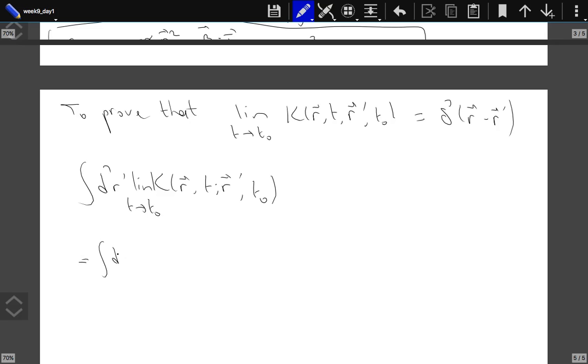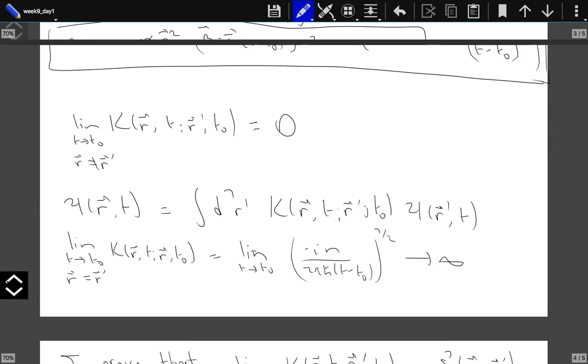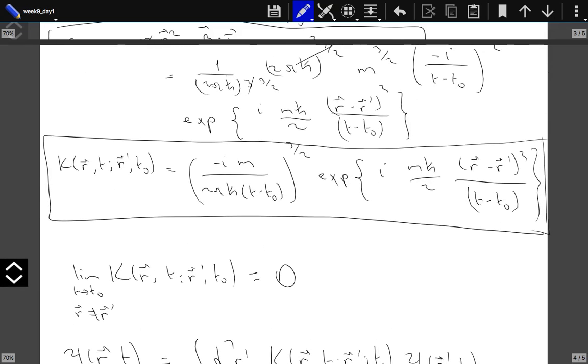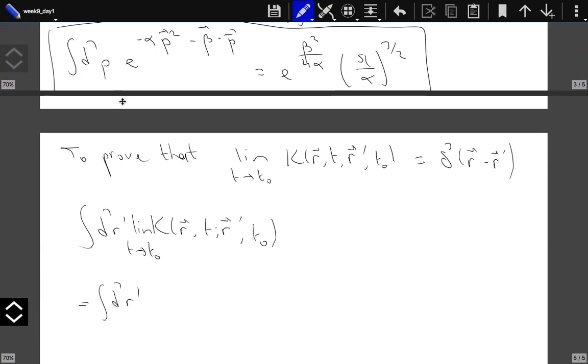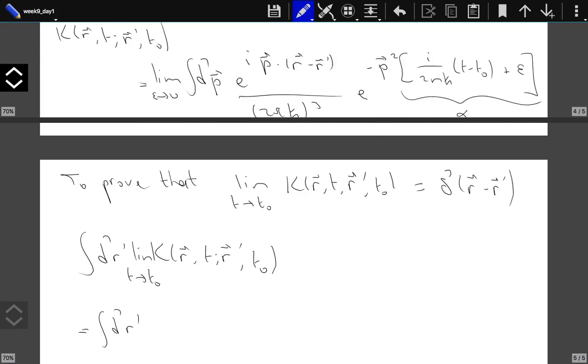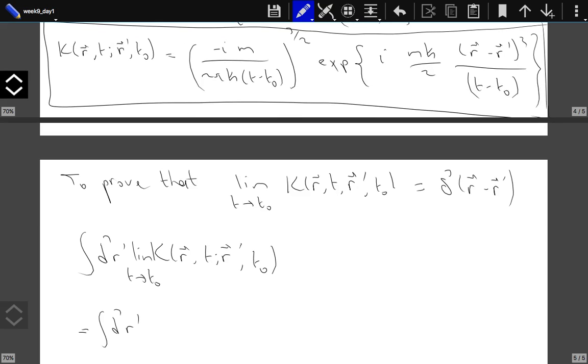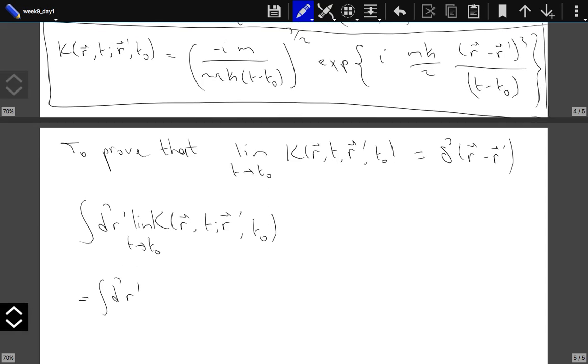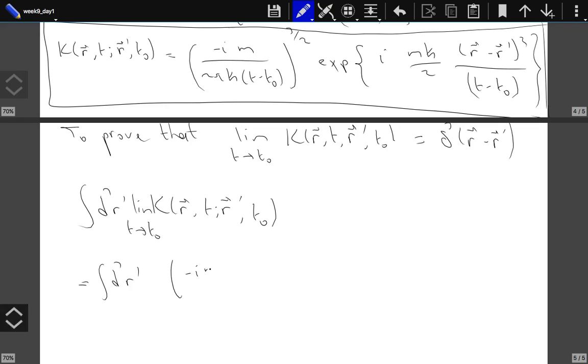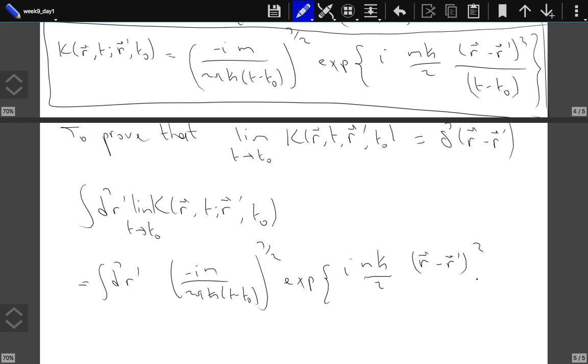So let's see. This is d³r prime. At the top, I have my K, (-i m / 2π ħ (t - t0))^(3/2), the exponential of i m / 2ħ times (r - r prime)² divided by (t - t0).